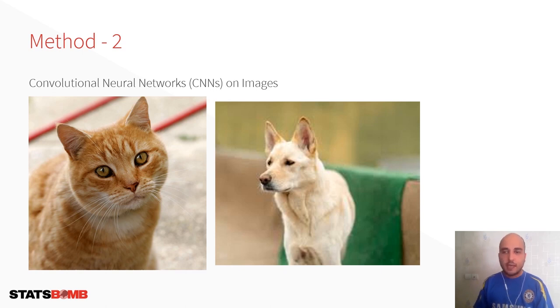When you are given two images, on the left side a cat and on the right side a dog, it's very easy for you to determine which one is a cat and which one is a dog, because you have learned how to interpret images and understand them. And that's the same idea for convolutional neural networks. We want to use these models to distinguish between images of penetrative passes and non-penetrative passes. But let's see how we are going to do that.